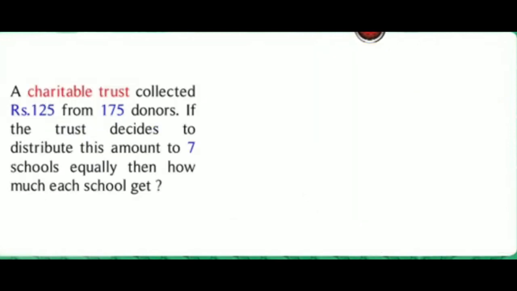Now let's do another example. A charitable trust collected rupees 125 from 175 donors. If the trust decides to distribute this amount to 7 schools equally, then how much does each school get? Now let's solve the sum. Number of donors, first of all we'll see, that is 175.